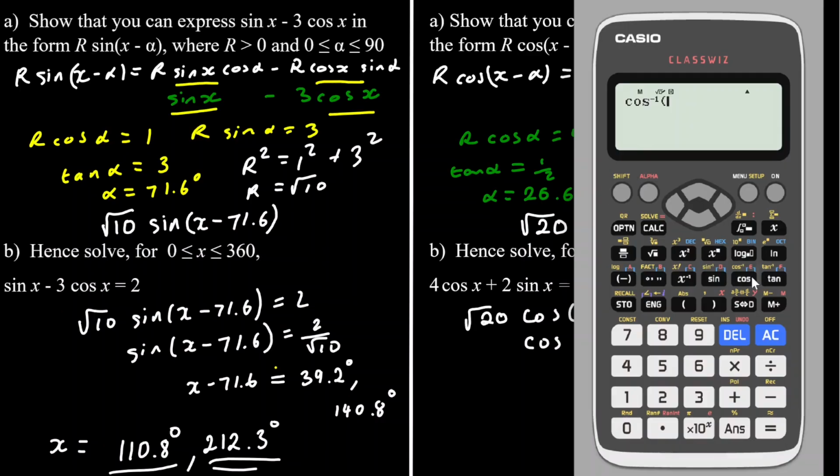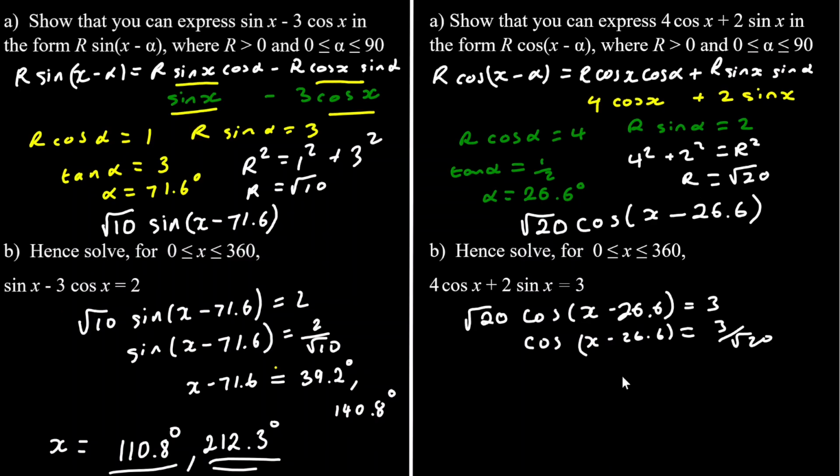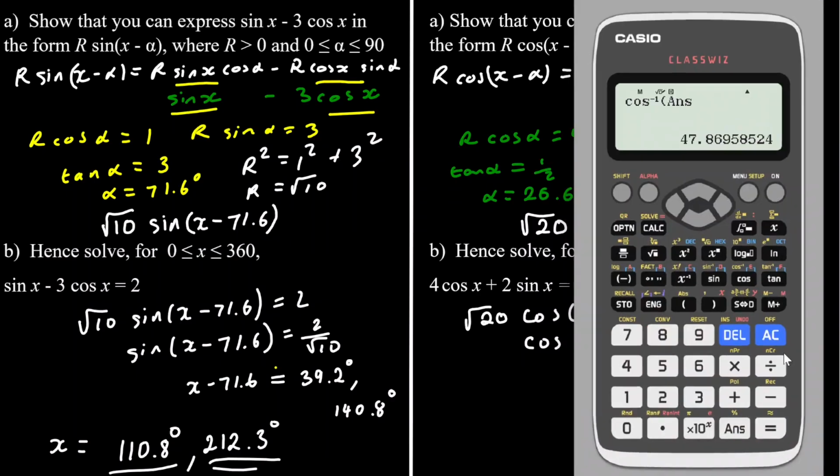And shift cos that answer. We get 47.9. So x minus 26.6 is 47.9 degrees. I will store that as B. Second answer in cos is 360 minus the first answer. So 312.1.